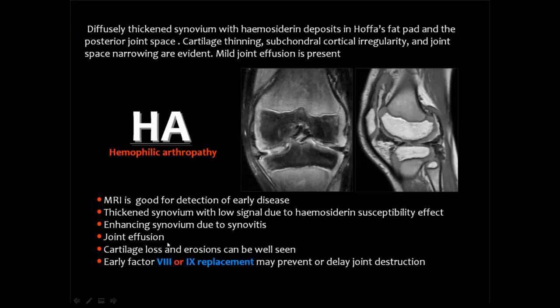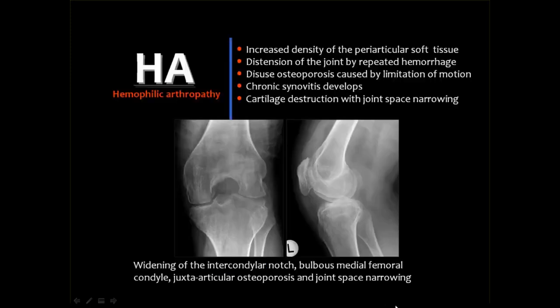Then you may get joint effusion, cartilage loss and destruction, and early replacement of the clotting factors may prevent the destructive changes in the joint. Then there is increased density of the periarticular soft tissue due to bleeding, with distension of the joint by blood rather than effusion. Diffuse decreased bone density is of course due to limitation of joint movement.